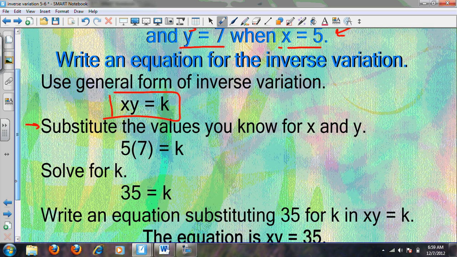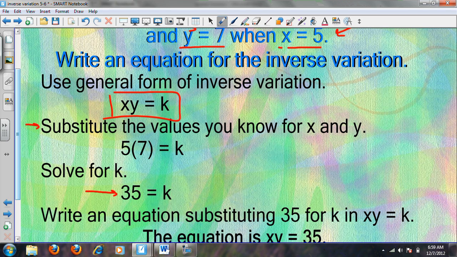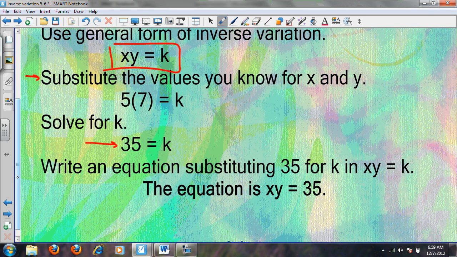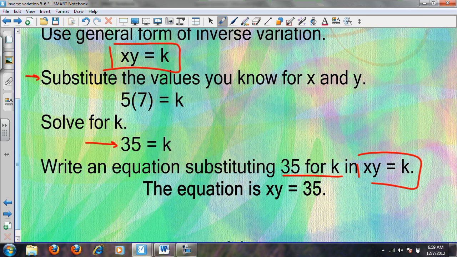Now we solve for k. Well, 5 times 7 is 35. So now we're going to substitute 35 for k in this equation, xy equals k. So our equation becomes xy equals 35.